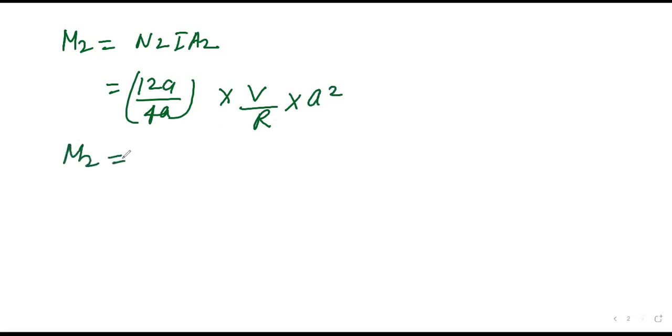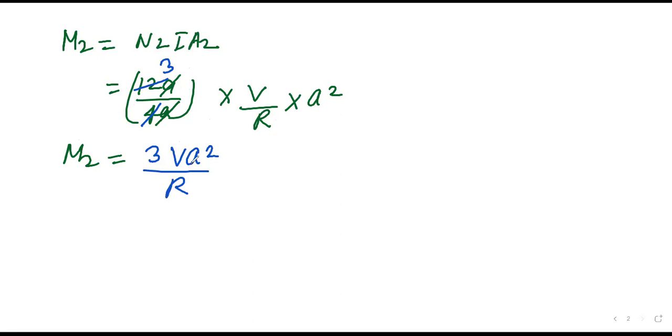So M2 will become what? This A and A will get cancelled, and cancel this part also. 12 divided by 4 is 3. So it will be 3V A square upon R. So this will be the answer for that.